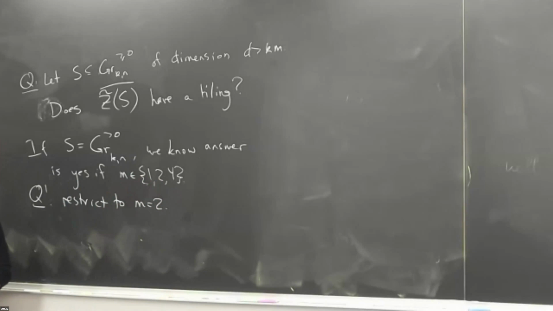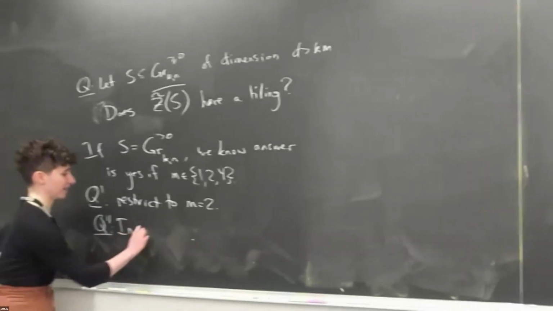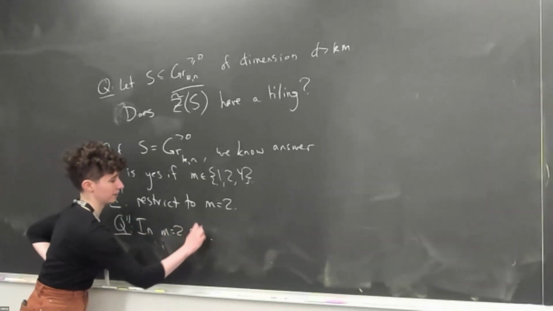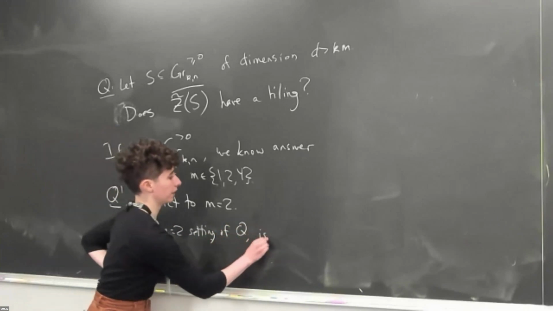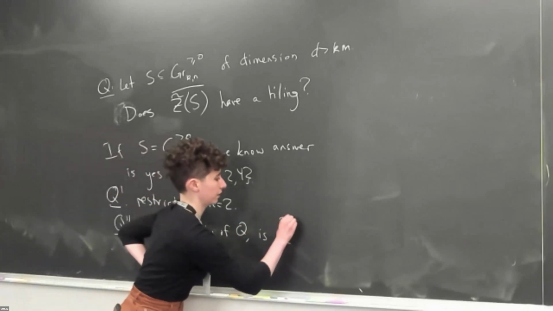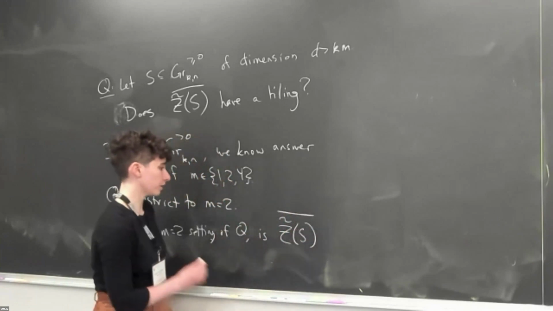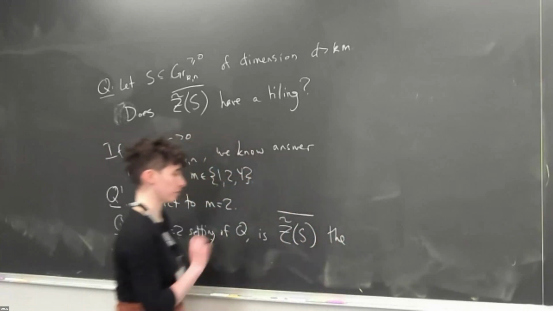Right, if you do restrict to m equals 2, another related question, which depending on its answer may or may not imply this one, is: question double prime, in the m equals 2 setting of the question, is this image closure the union of some W chambers?